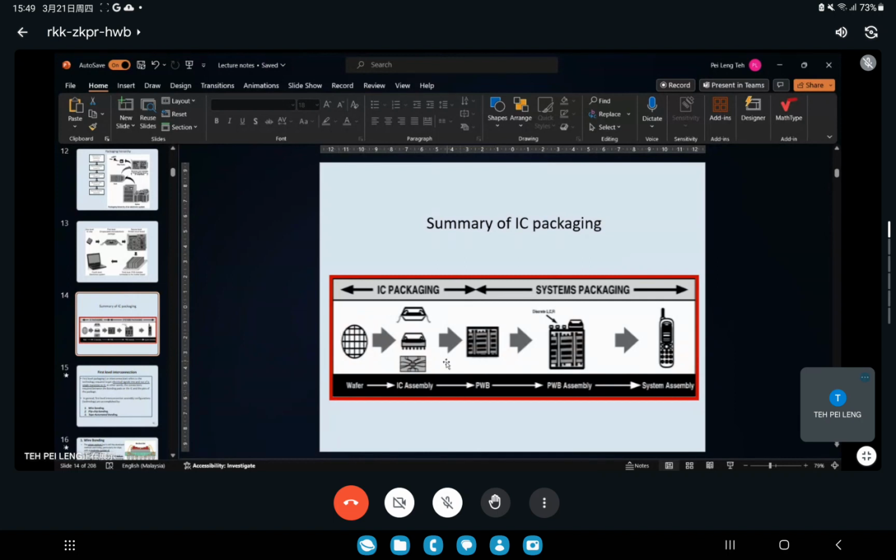This is what we always call IC packaging, right? IC assembly is this one, but PWB assembly is this one. When next time you go for an interview, wafer level assembly is this one, but this is seldom done in Malaysia. So mostly IC assembly or board assembly.